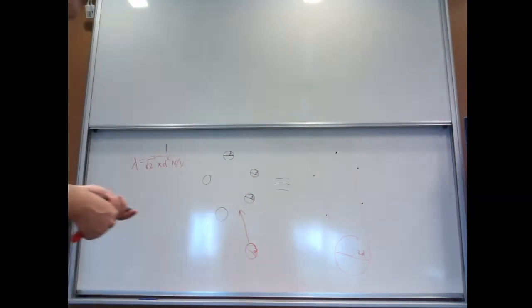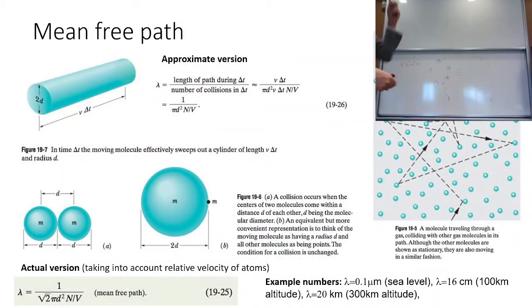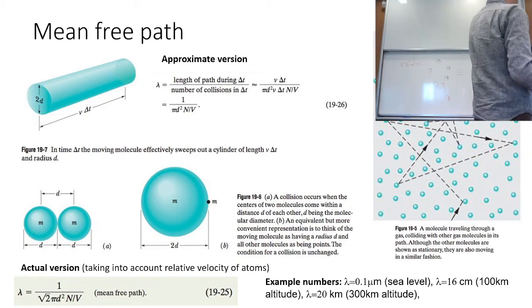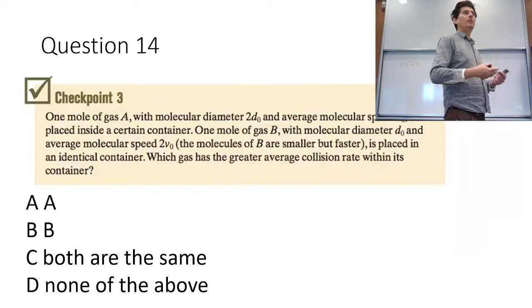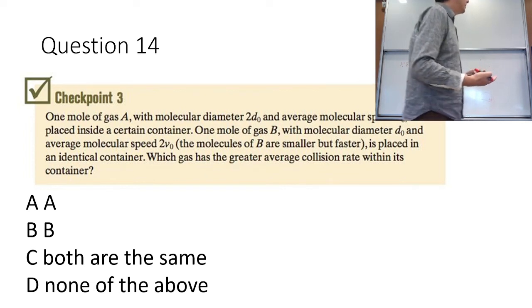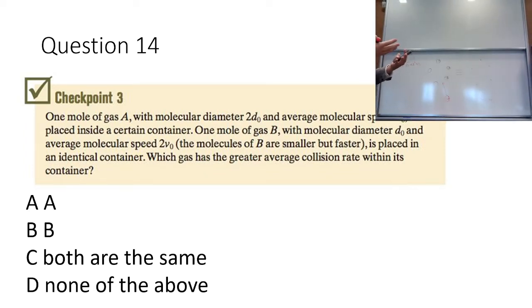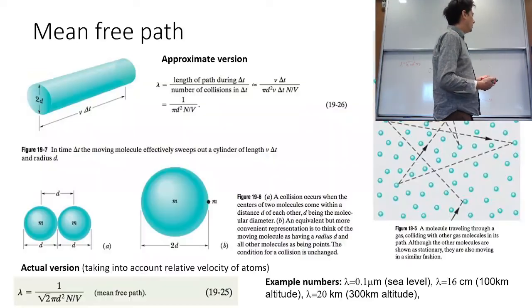So the interesting thing that this question brings up is that you would intuitively think it's dependent upon the velocity, right? So you think, okay, it's moving faster, so it should hit other atoms more often, right? But actually, it's not dependent on the velocity at all.